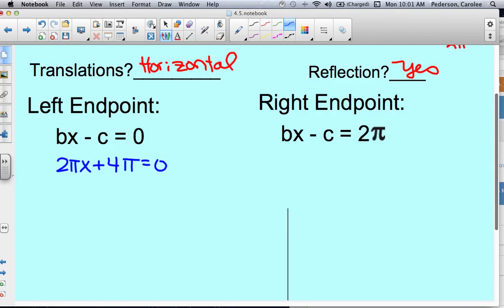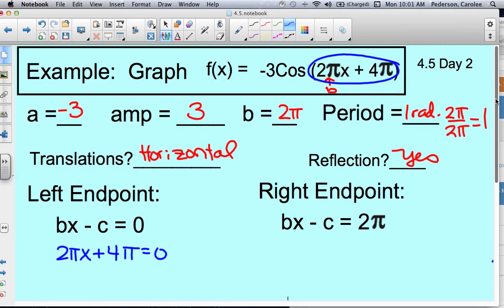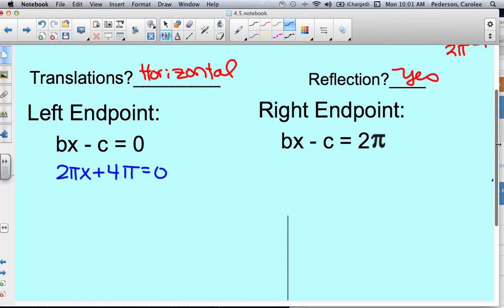So we're taking this parentheses and it's replacing our bx minus c. And now what you do with both of those equations is you solve them for x.